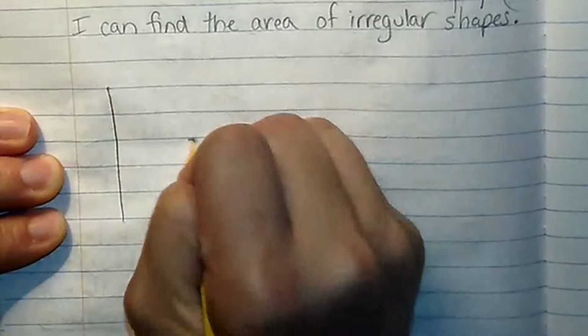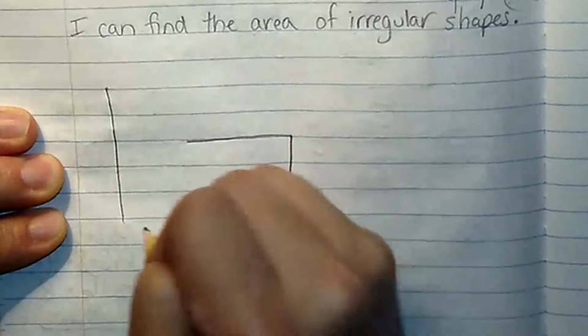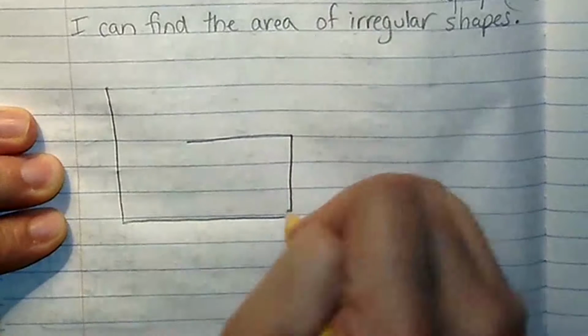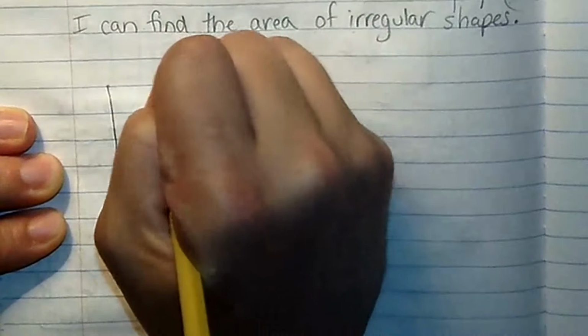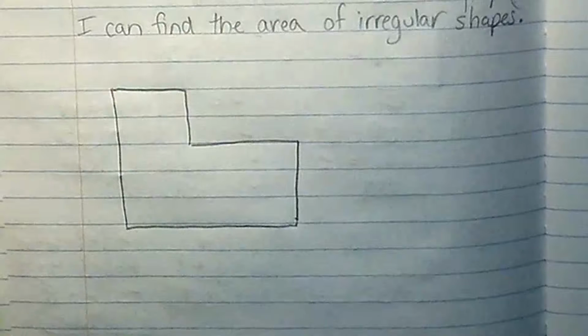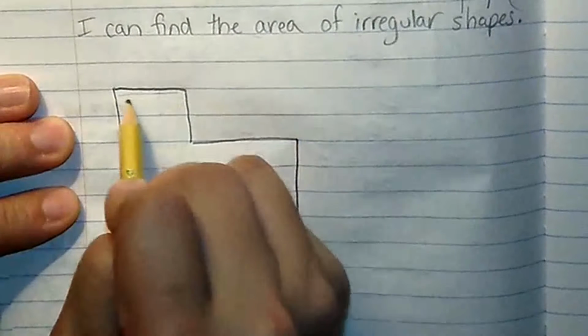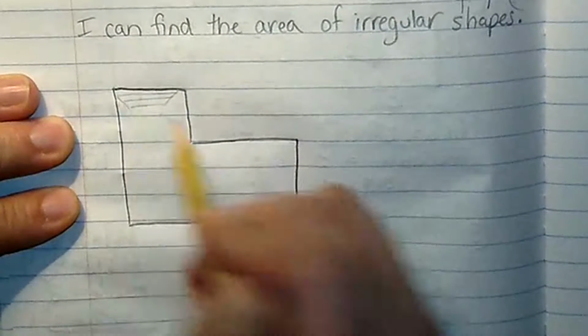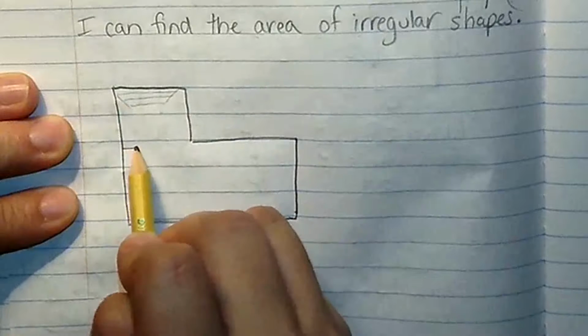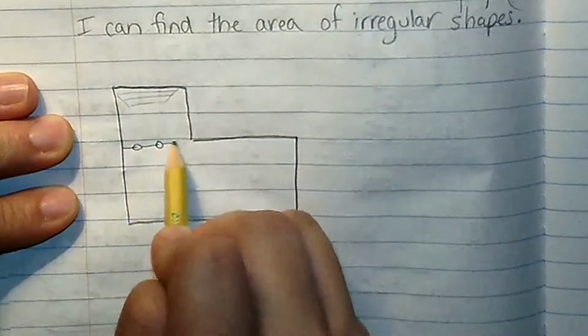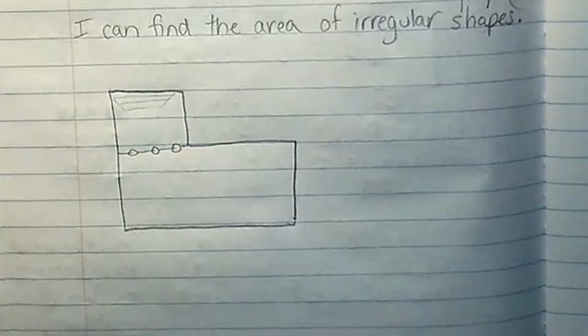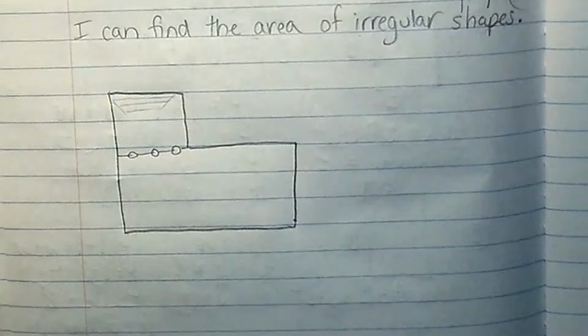This one's going to be bigger, and it's going to have a bigger deep end. Here we go. You can kind of picture the fancy stairs going into your swimming pool. And then, of course, we have the rope keeping the little kids safe and the big kids in the deep end. But we need to find the area of this shape.